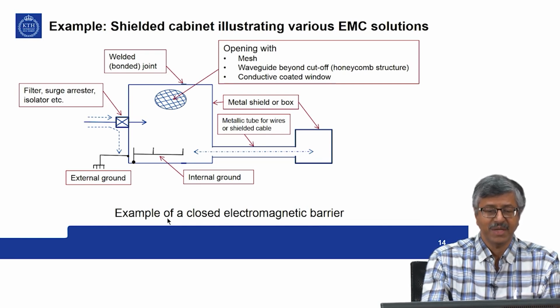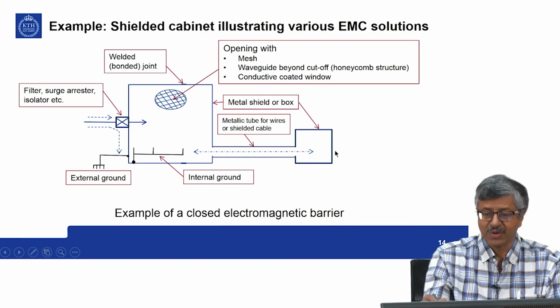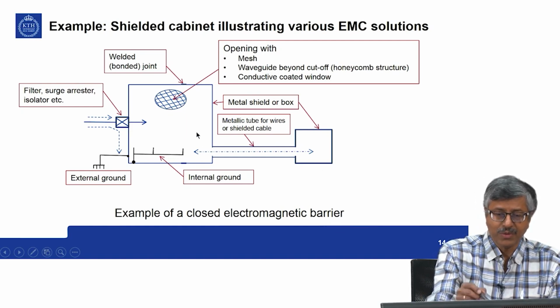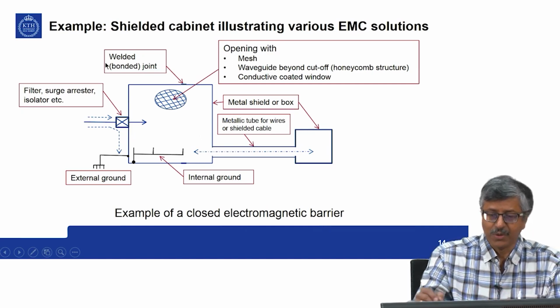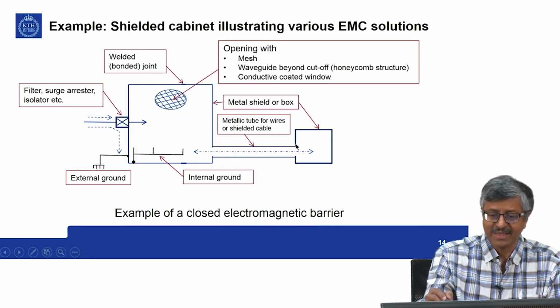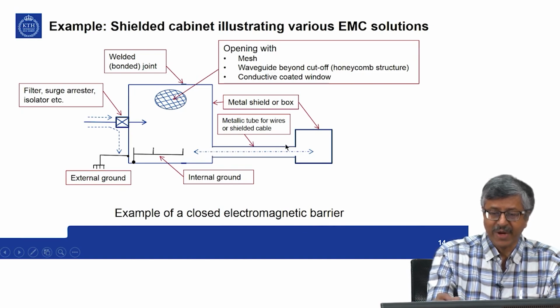Say for example, this is the main cabinet and you have an appendage system, another small control unit. So, outside you have one particular zone and you want to treat the whole area inside as a single zone, a second zone. So, you have metallic tubes for wires or shielded cables connecting these two.